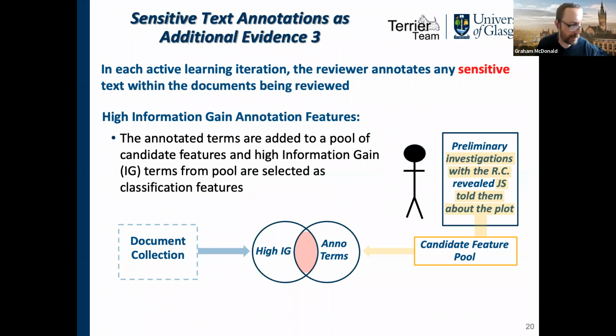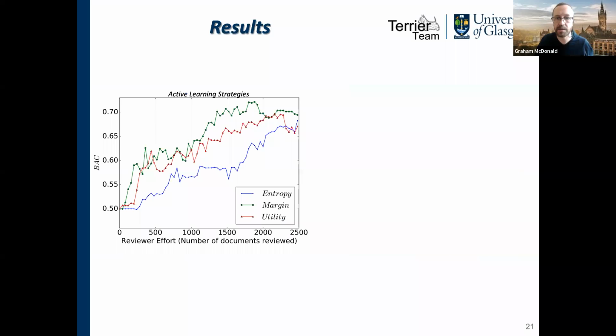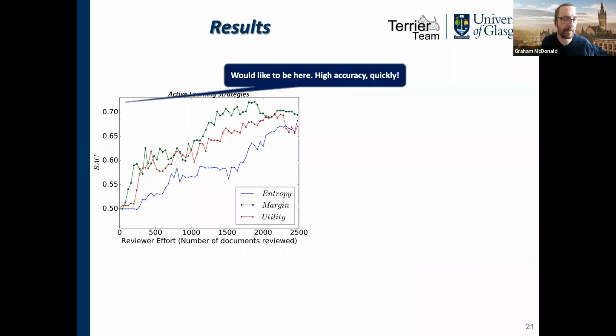Our main finding was that if we record the individual features that the reviewer annotates, and at each iteration of the active learning cycle we calculate the information gain on this pool of term features that the reviewer has collected, then by adding the high information gain term features into the document representations, we can actually improve the speed at which the classifier learns to review.